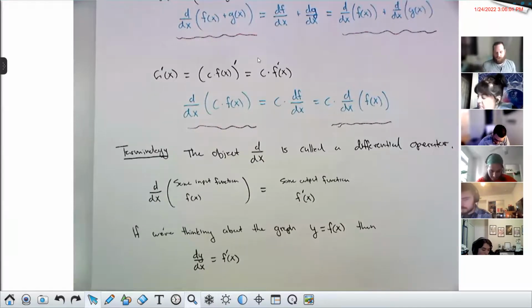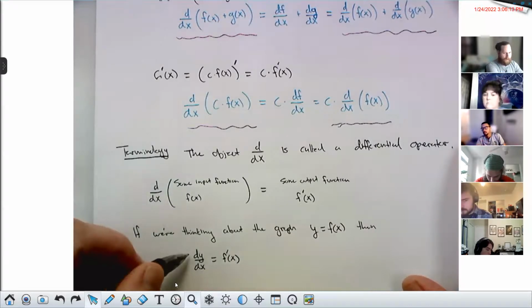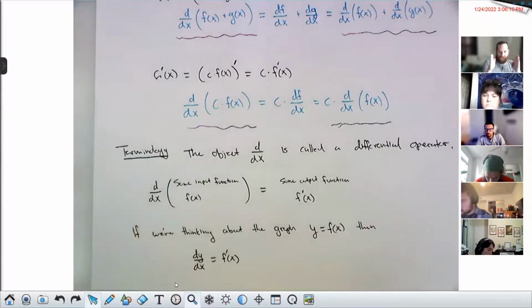And you know this is a slope, right? If you plug in any particular x value here, you get the slope of the tangent line. And we can think of dy and dx as infinitely small rises and runs.